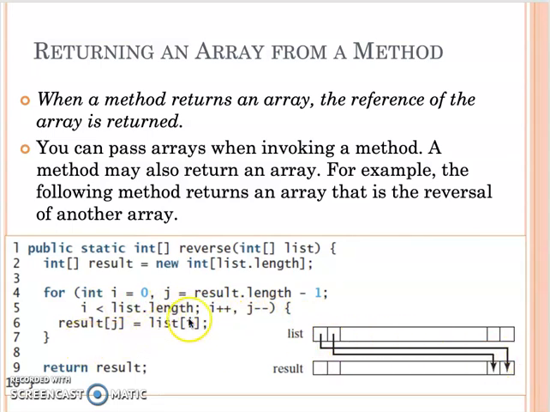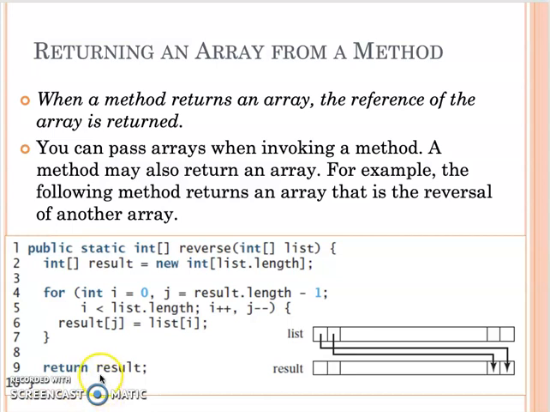The source is from the list array, so we assign list[i] into result[j]. After we finish this for loop, result is the array we want, so we return result.